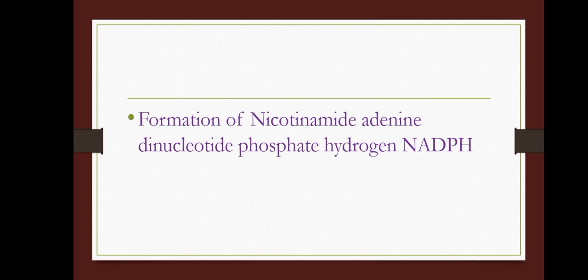The NADP is now reduced to NADPH2, having accepted the hydrogen atom, and serves as an electron carrier of hydrogen ions. This process is the third stage of the light phase reaction.